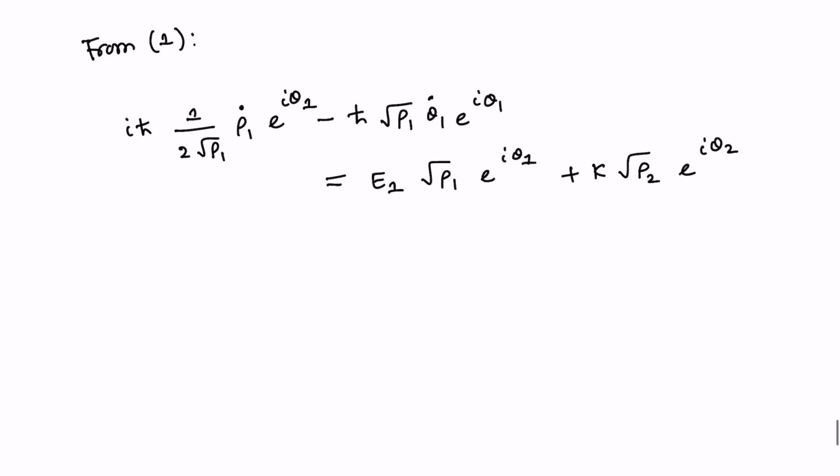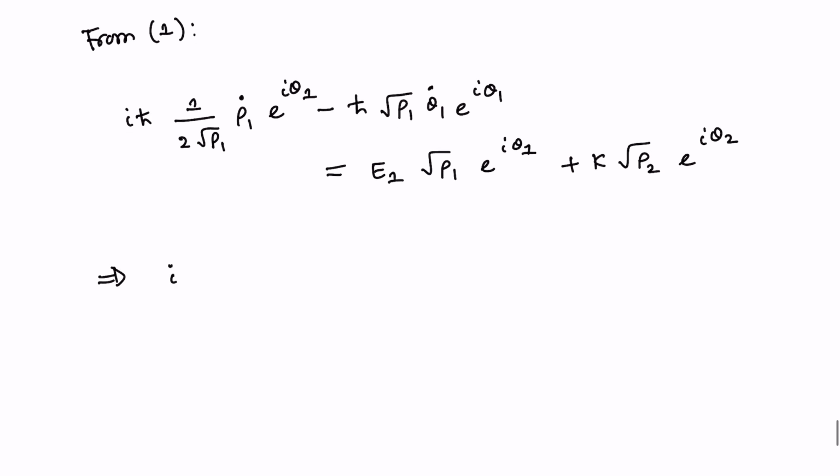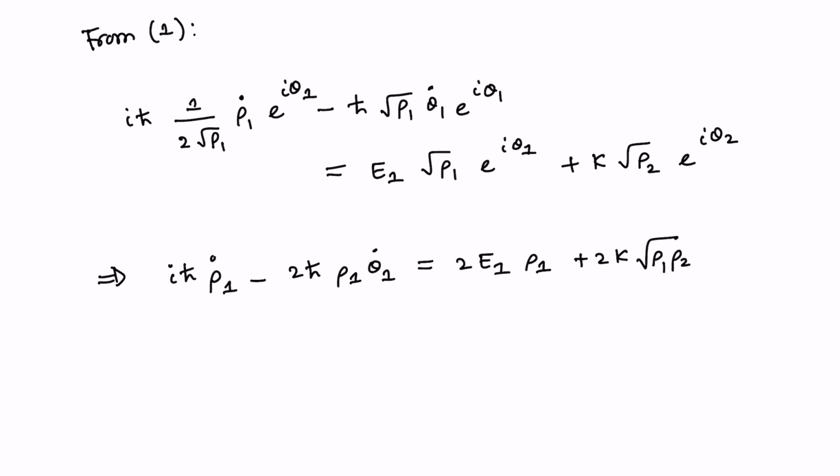And if you do the algebra, then let me write down the final expression that you are going to get out of all these things. If you do that carefully, you will get i h bar ρ1 dot minus twice h bar ρ1 θ1 dot is equal to twice E1 ρ1 plus twice k square root of ρ1 ρ2.